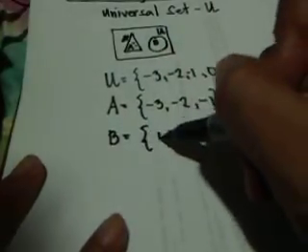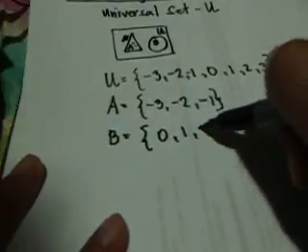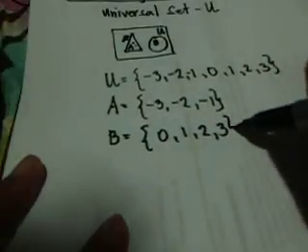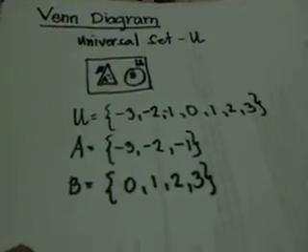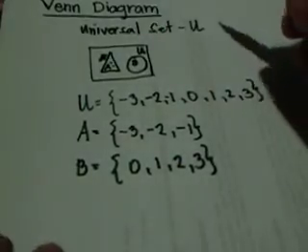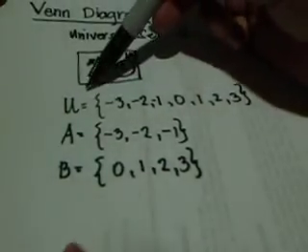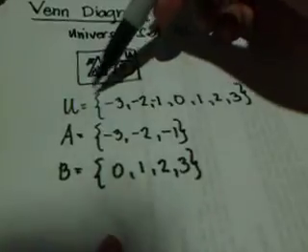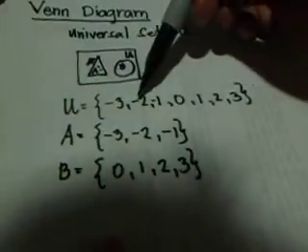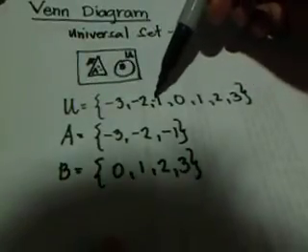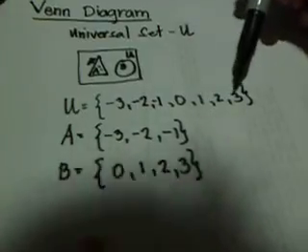B has the elements 0, 1, 2, 3. We can say that the universal set has the elements -3, -2, -1, 0, 1, 2, and 3.